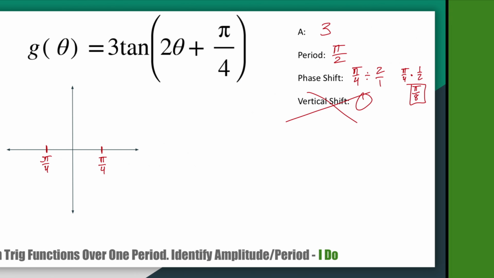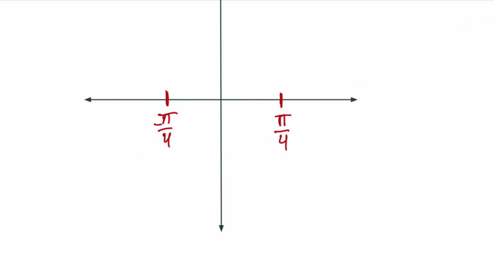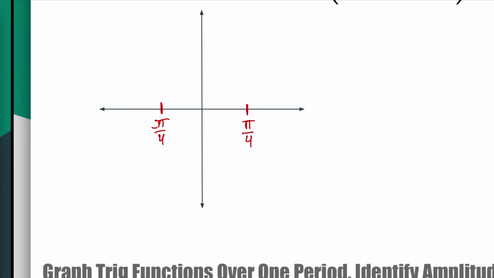Now we did have a phase shift of pi over 8. This is a plus, so that means it needs to go to the left pi over 8. This part's going to be fairly tricky, because we have to go a little bit this way and a little bit this way, and we have to do the math here. So pi over 4 minus pi over 8.